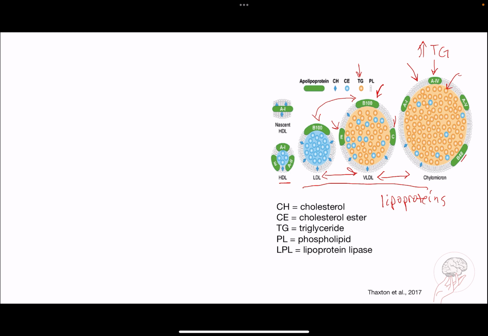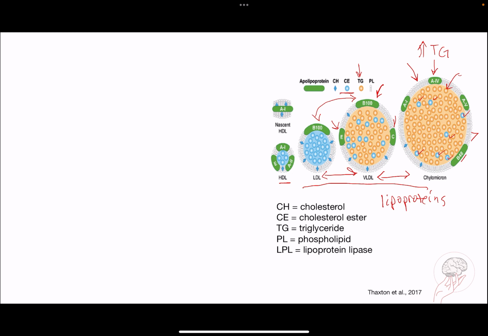So because it has fewer triglycerides, the concentration of cholesterol esters is higher. I haven't actually counted these before. Let's see. 1, 2, 3, 4, 5, 6, 7. So there's 7 cholesterol esters here.